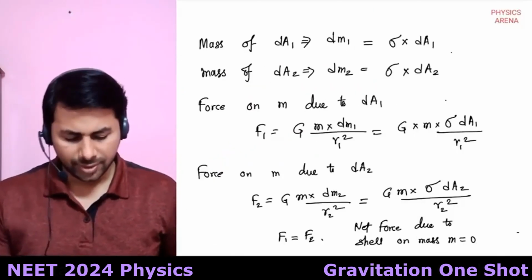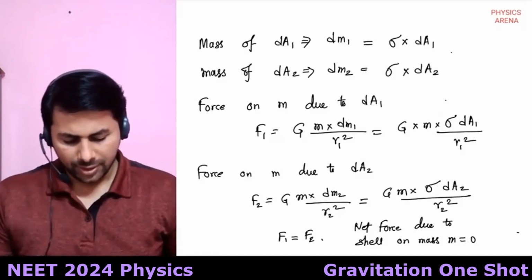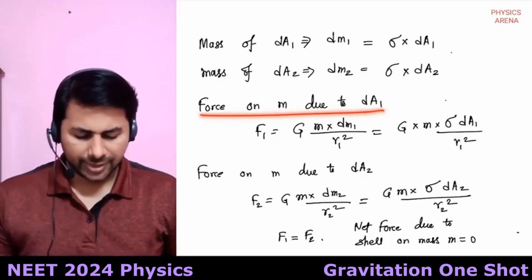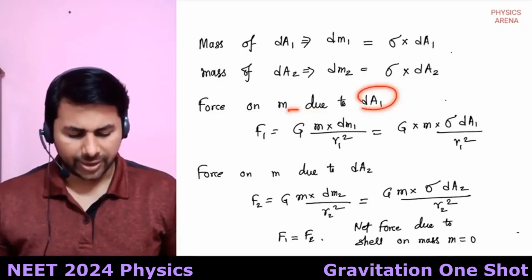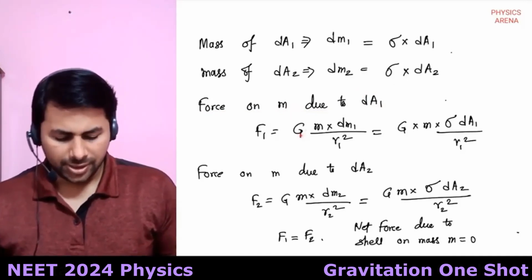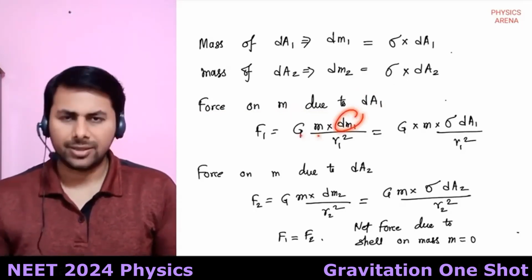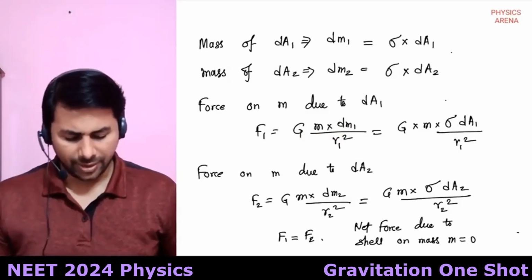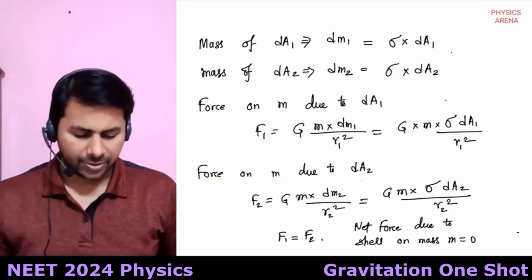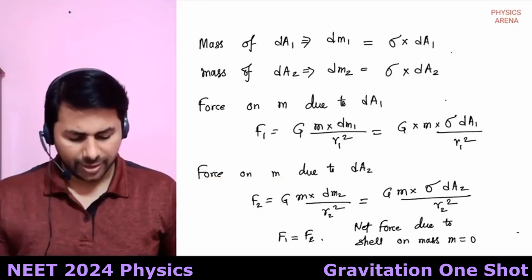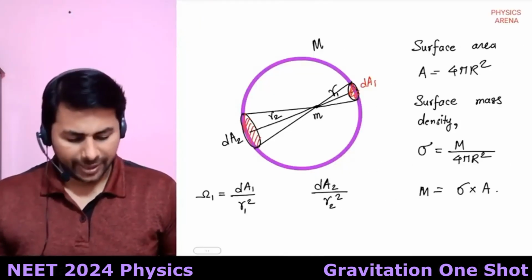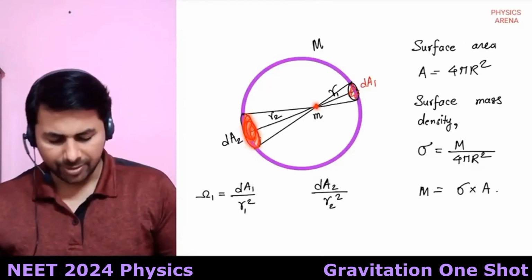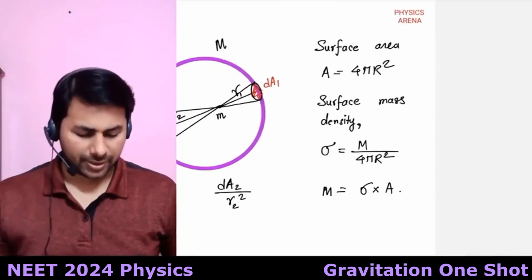Okay, so now see, the force on mass m due to dA1 will be equal to what? G times m multiplied by that mass dm1 upon r1 squared, and the force on that mass due to dA2 will be G multiplied by m multiplied by dm2 upon r2 squared.